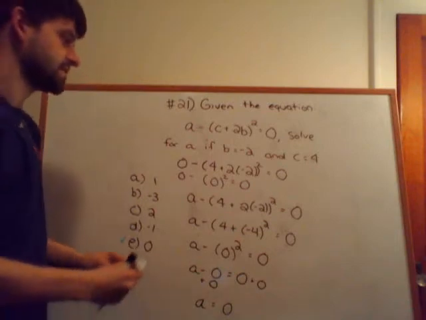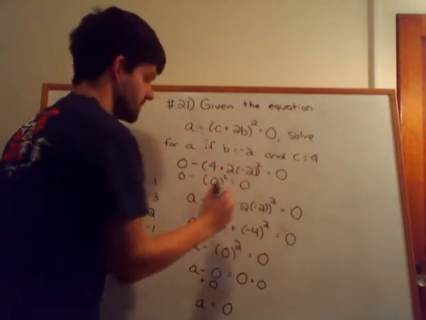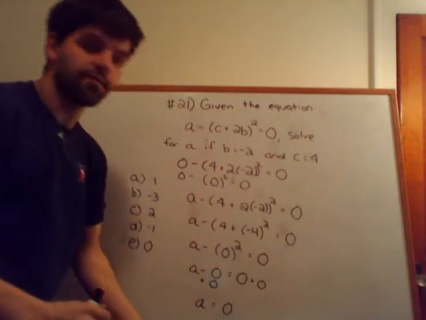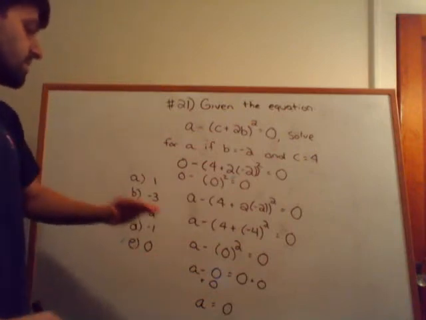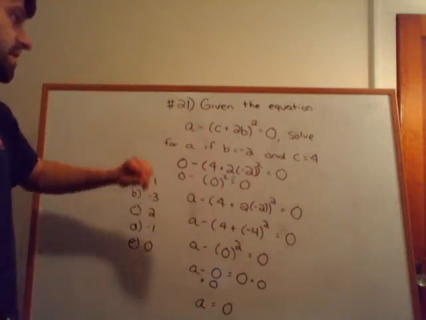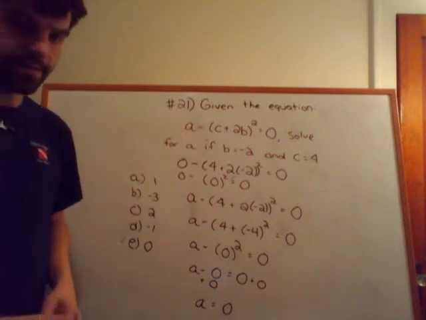So 0 does indeed equal 0. And that does conclude that we have done this solving for the equation and solving for the A variable correctly.